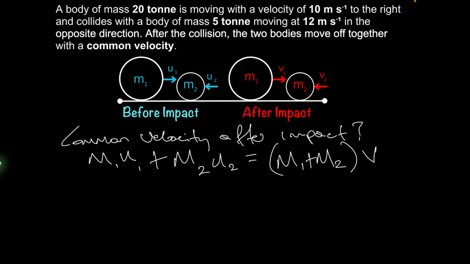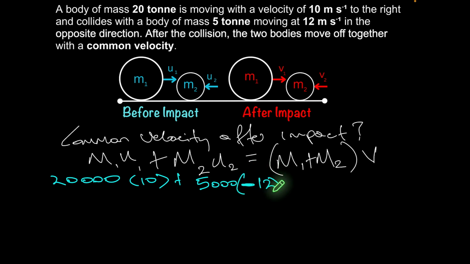So M1 is going to be 20,000, and that's just converting 20 tons into kilograms, and that will be multiplied by 10. So that's the initial velocity there, plus our M2, 5,000, 5 tons. Now this will be multiplied by negative 12 because this is going in the opposite direction.